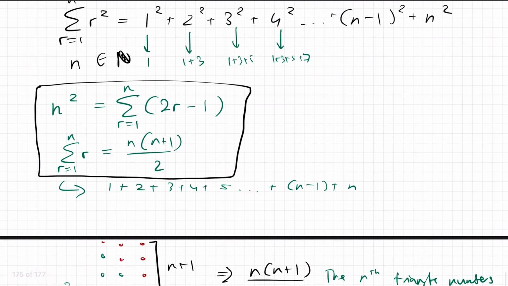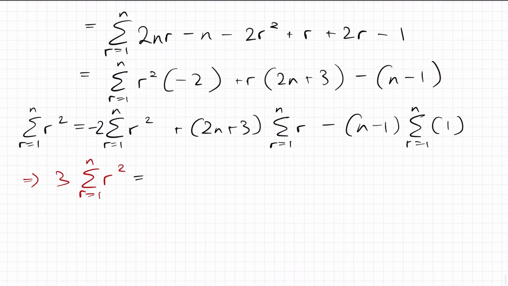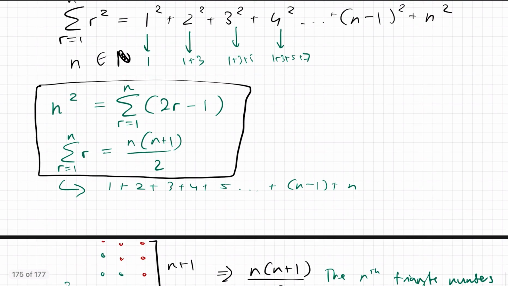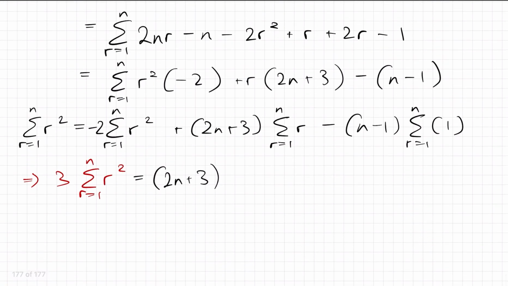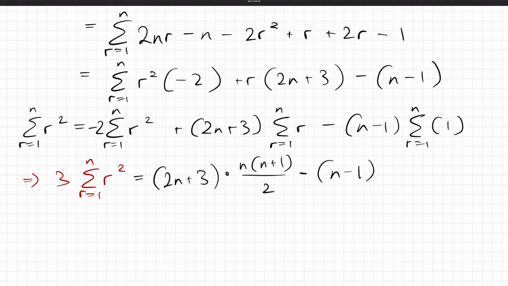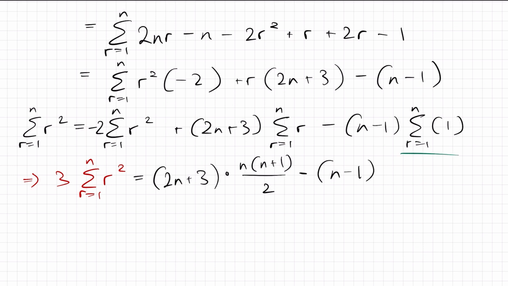The nth triangle number is given like this, and it's just going to be 2n plus 3 multiplied by the formula for this, which is n plus 1 over 2. So let's write that in over 2. And then let's subtract n minus 1 times the sum from r equals 1 to n of just 1.